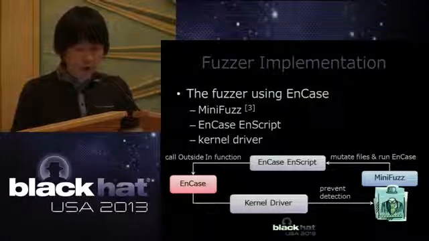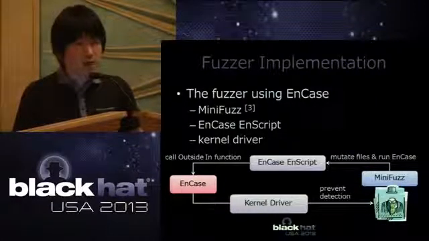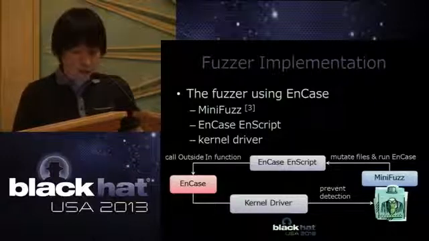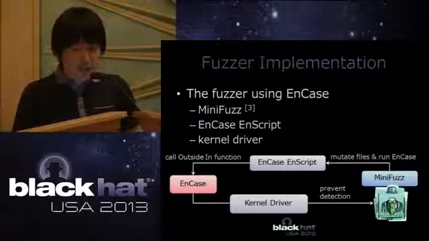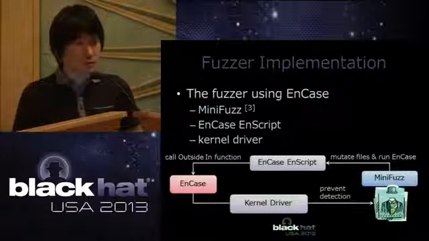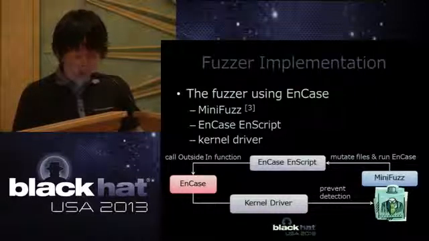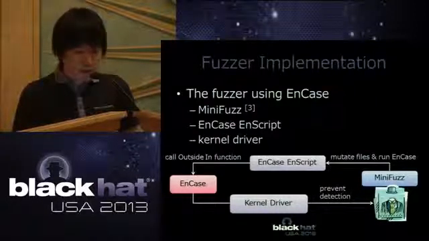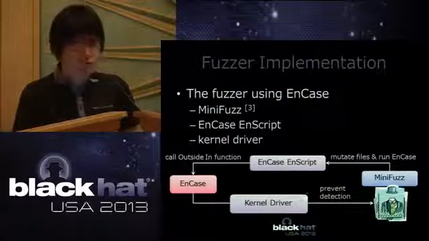By the way, EnCase usually detects Minifuzz and terminates it immediately, because Minifuzz debugs EnCase to monitor exceptions and register values at that time. So I wrote a kernel driver to prevent detection.